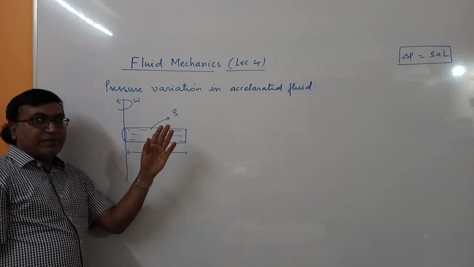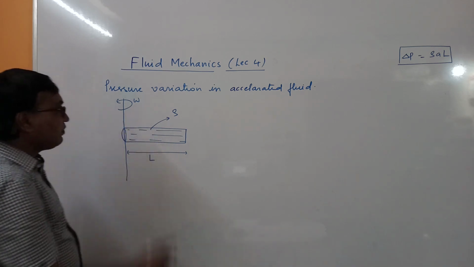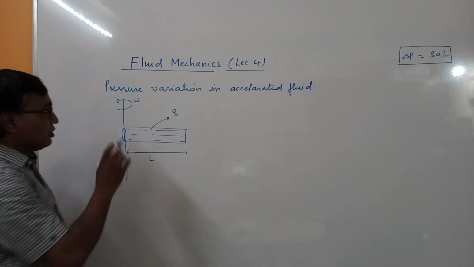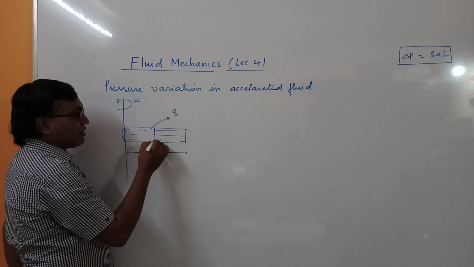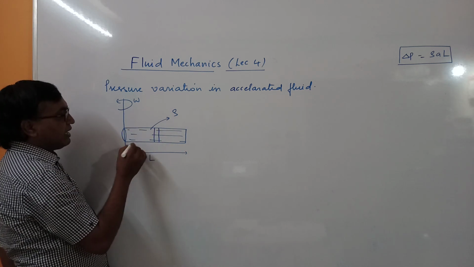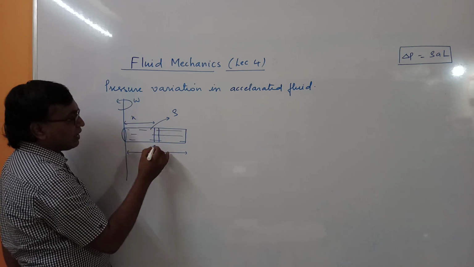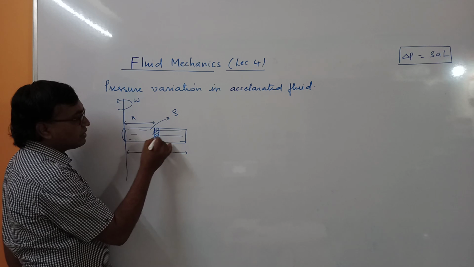Since it is a rotating frame, there must be a force towards the center, so that it will be in rotary motion. Fine. So now let us assume a small element of the fluid at a distance of x. So this distance is x, and the width of this element is dx.